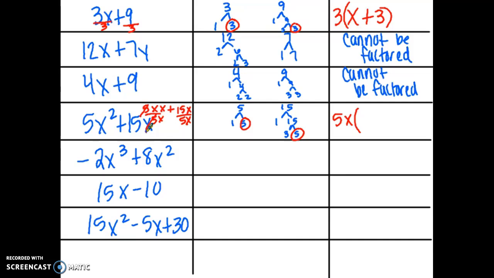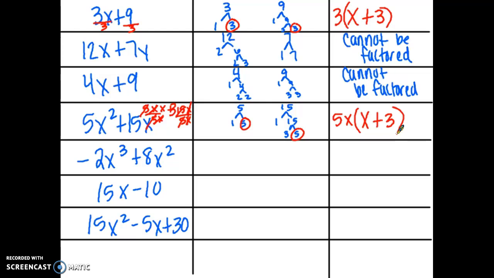So x divided by x cancels out and leaves you with an x for your first term. 15 divided by 5 is 3. And x divided by x, again, anything divided by itself is 1. So that's going to cancel itself out. And that leaves you with 5x times x plus 3.